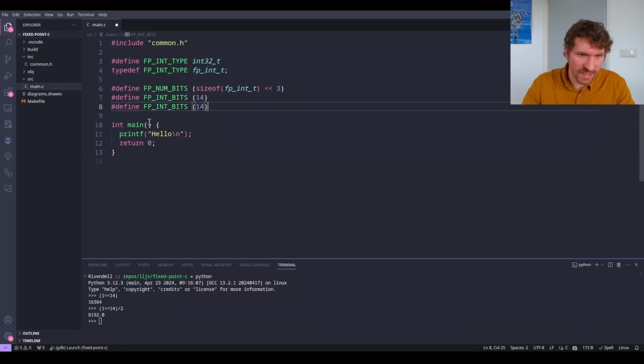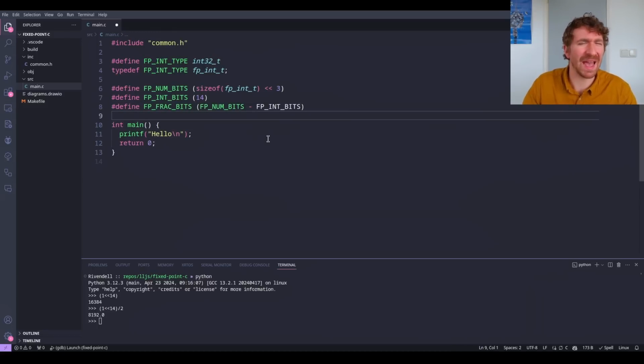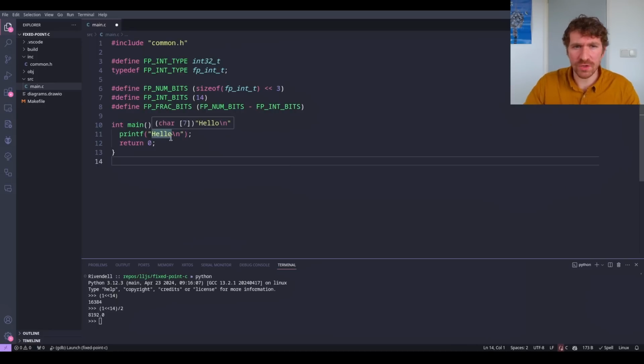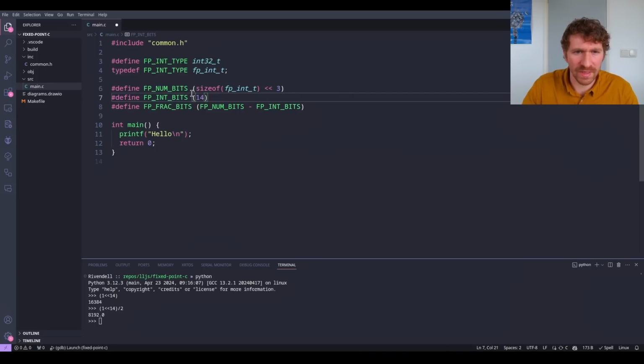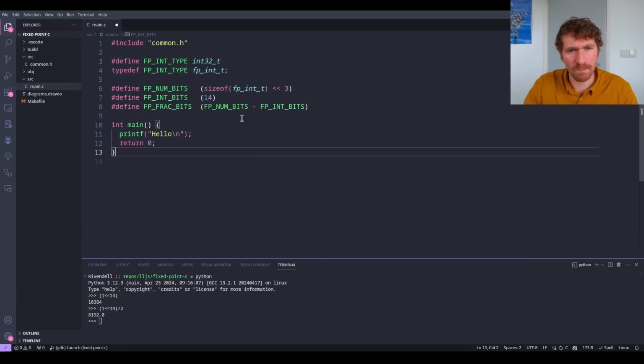And naturally, the number of fractional bits is going to be the total number of bits, 32, minus the number of integer bits we've allocated. It's conceptually the fractional bits which are more important, but it doesn't matter that much for now. So let's just line everything up. We don't need to line everything up, but I just can't help myself.